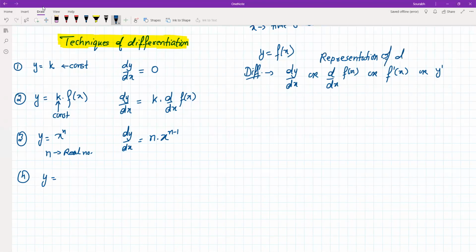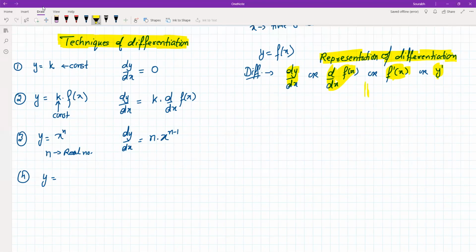This is just a way to represent differentiation.